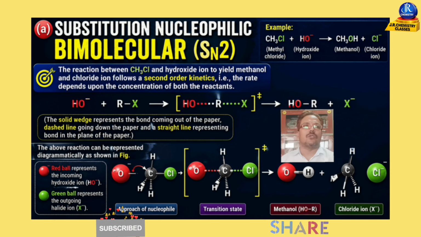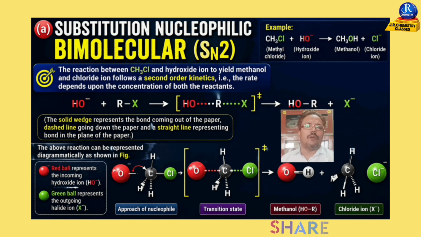In this, the solid wedge represents the bond coming out of the paper, the dashed line going down the paper, and a straight line representing a bond in the plane of the paper.